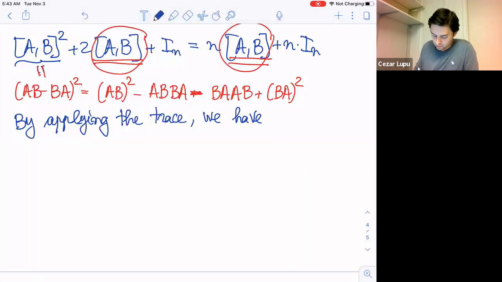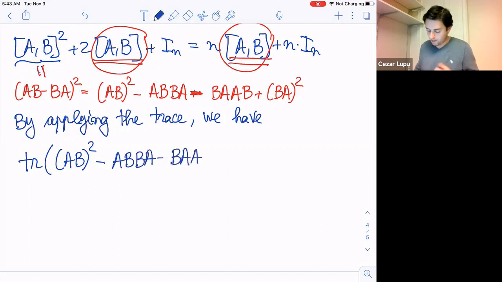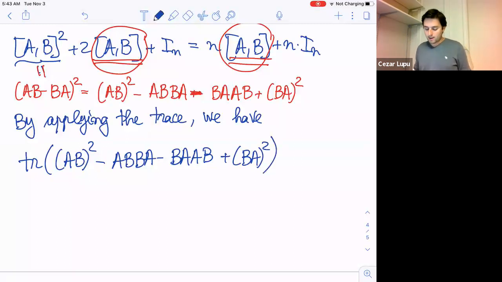So we have that the trace of AB squared minus AB BA minus BA AB plus BA squared. All right, so this is the first term, plus N equals N squared, right? Because the trace of N times the identity is N squared.